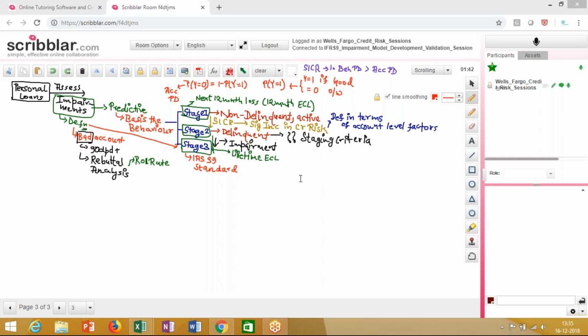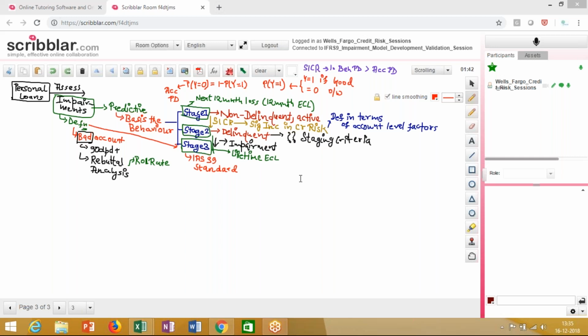Now I have been given the loan, and once I've been given the loan, the account management team monitors me, and from there I have seen the acquisition PD and everything, right?